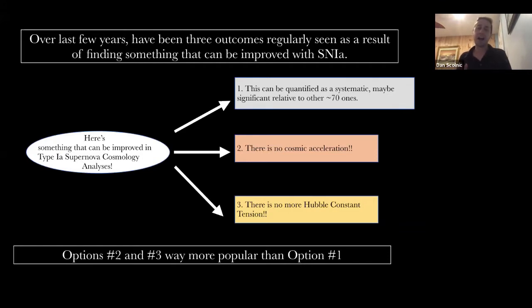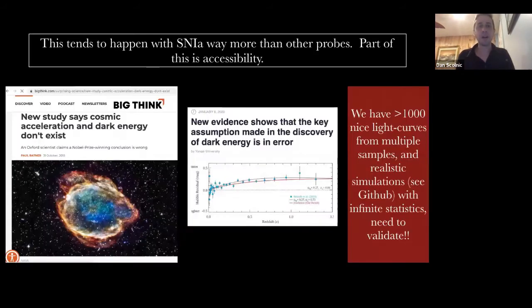And it is a bit of a strange culture that seems a bit unique to type Ia supernovae, where option 2 and option 3 are reached so quickly. Now, I think the reason that this is happening with type Ia supernovae is partly just accessibility.